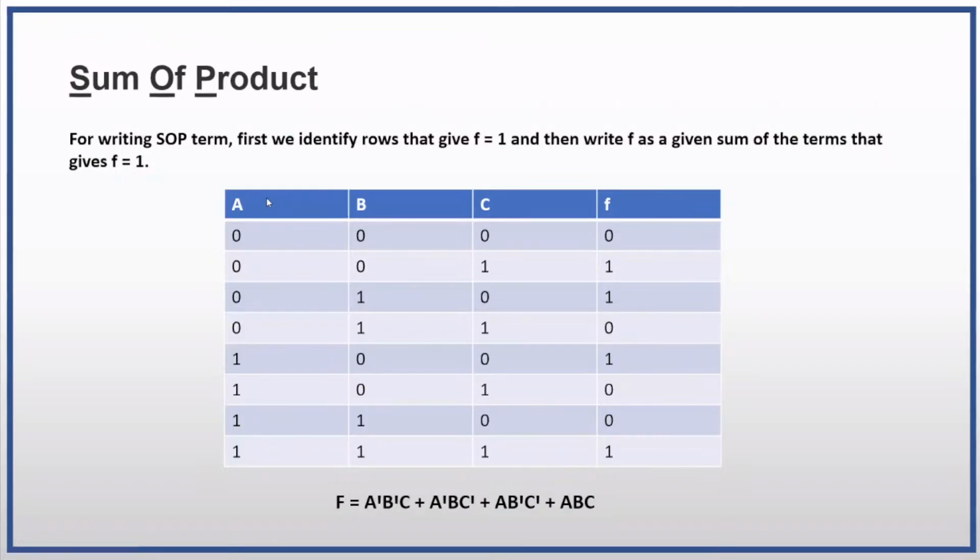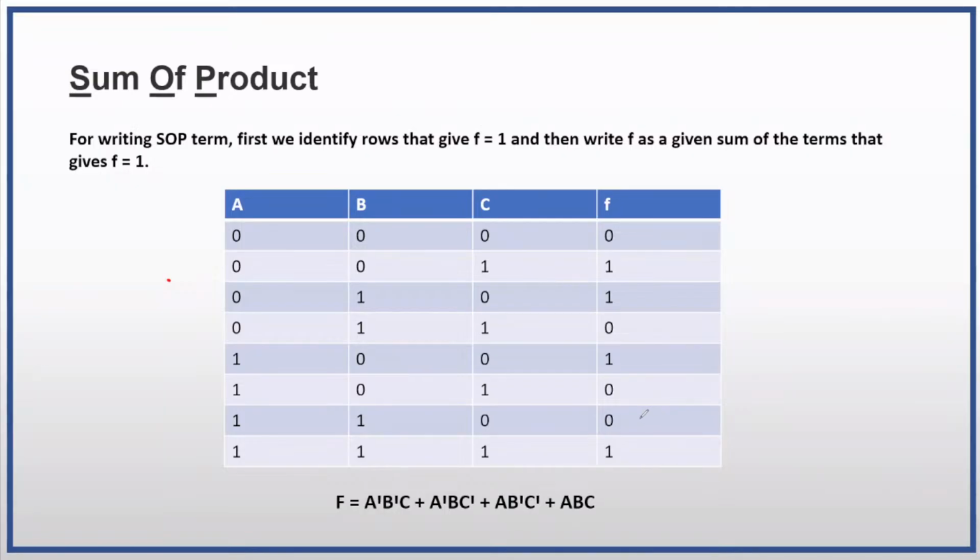Okay. Now let's see. You have been given a truth table here. For this truth table, you are going to get this answer. This is the Boolean function for this truth table.